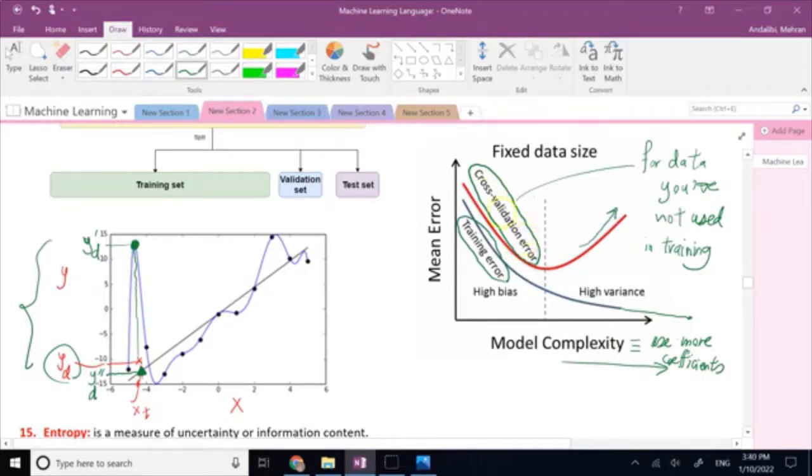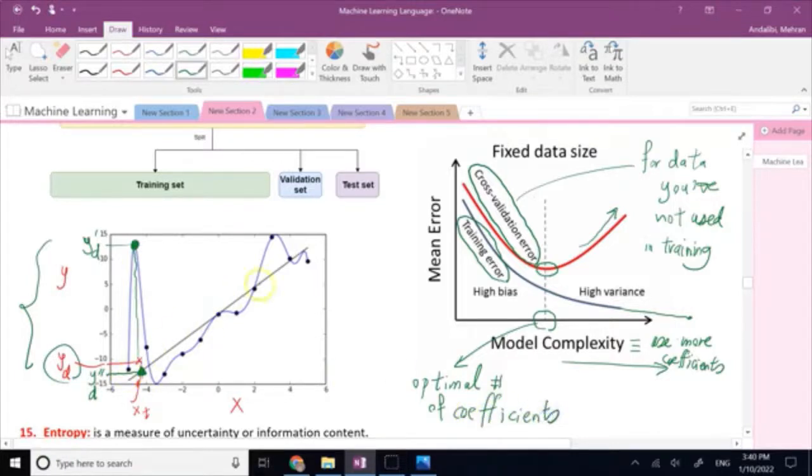So you see the cross-validation error and the training error, they behave differently to higher complexities. One of them always goes down, the other one, which is using surprise new data, keeps going up after a while. And so this new curve here can give me a minimum. And this minimum could be the appropriate or the optimal number of coefficients, or the optimal complexity.